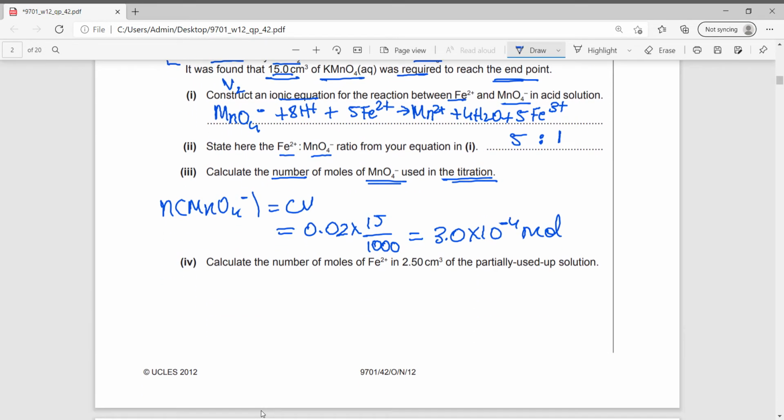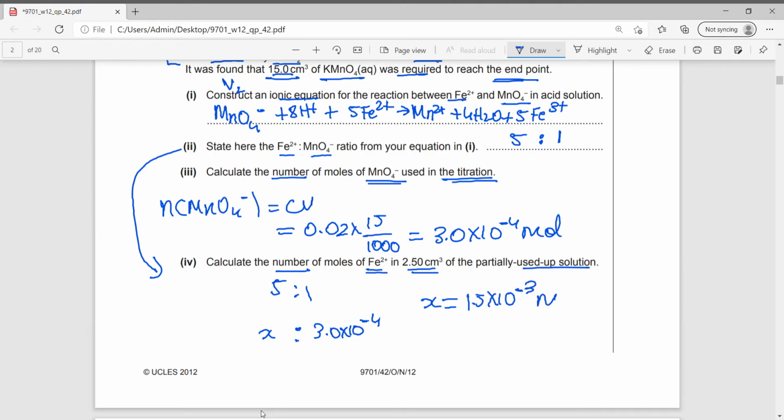And then you use this part here, okay? So calculate the number of moles of Fe2+ in 2.5 cm3 of the partially used up solution. So you just use the molar ratio, 5:1. 1 is to 3.0 × 10^-4 as 5 is to x. So x would be, cross multiply, 5 × 3 × 10^-4, which is 1.5 × 10^-3 moles.